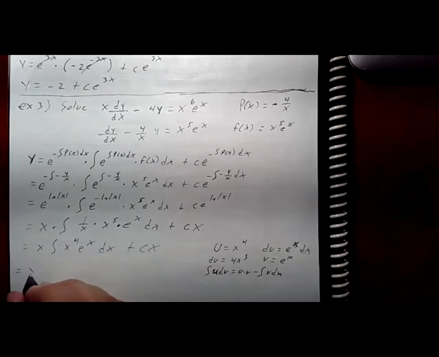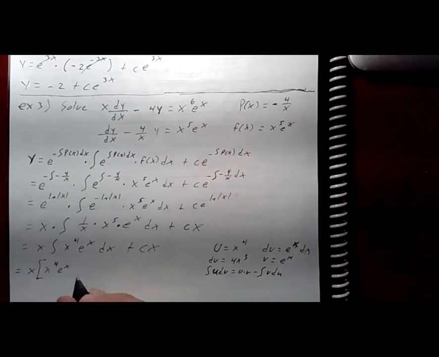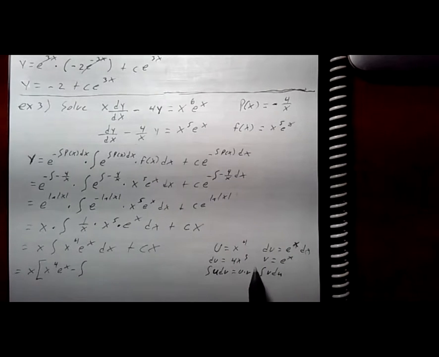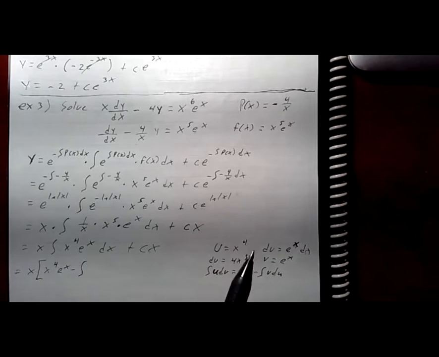So this will equal x, I'm putting in brackets all the by parts stuff, that will be x to the 4th e to the x minus the integral of v du. So what's going to happen is this is going to repeat a few times because it's a high power. So this is when we should use the tabular method.